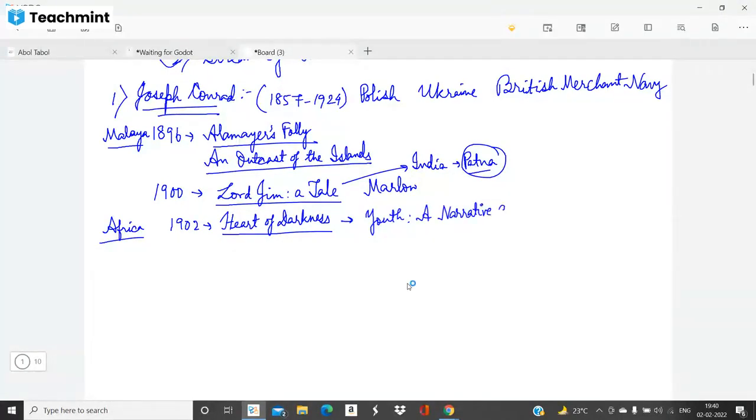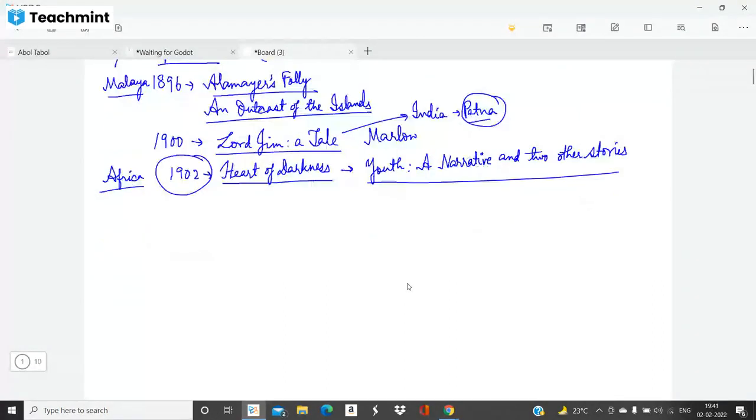As you can understand, the collection came out in 1902, so I am not reiterating the fact. But you see, Heart of Darkness is a very significant book, and I always ask students to read this. You will have this in your semester 5 if you are studying under CU, and this is a brilliant tale which concerns Africa.